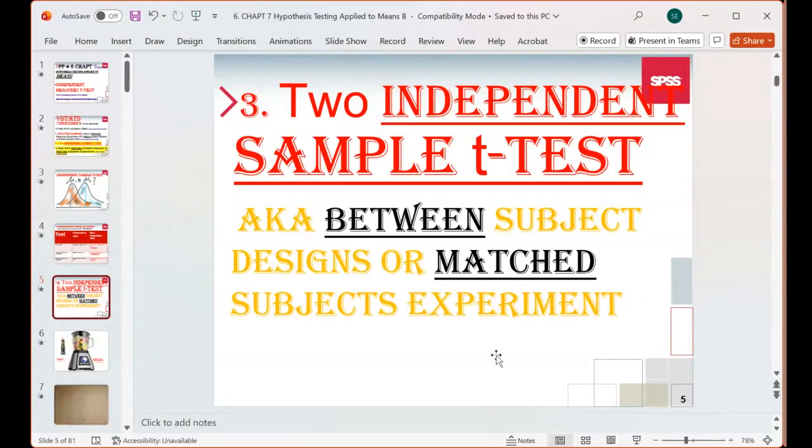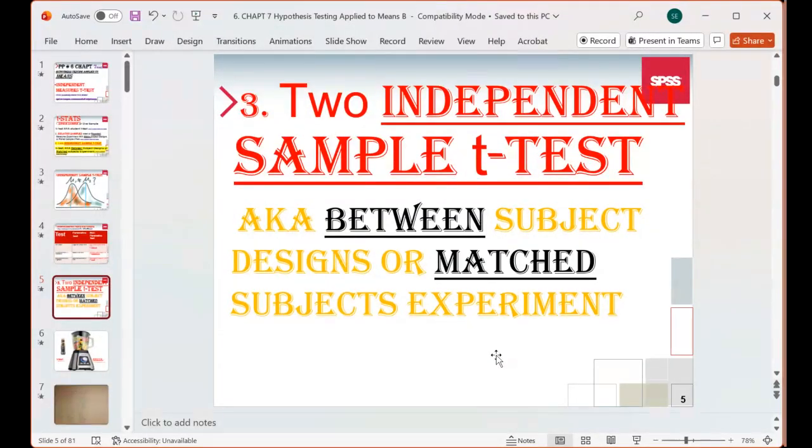That means follow the 4 steps. Step 1, the null says no difference, while we, the researcher, have an alternative hypothesis that says yes, there are differences. Step 2, we have to find our critical values. Step 3, calculate our t, the calculated t, and we're going to go over the formula.